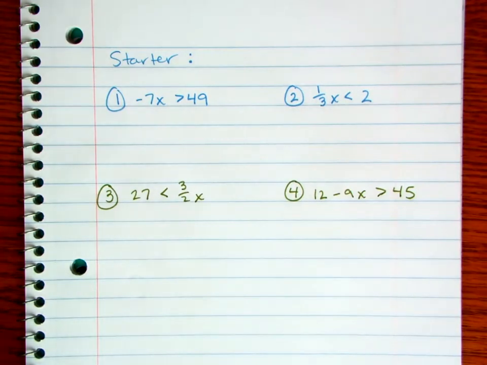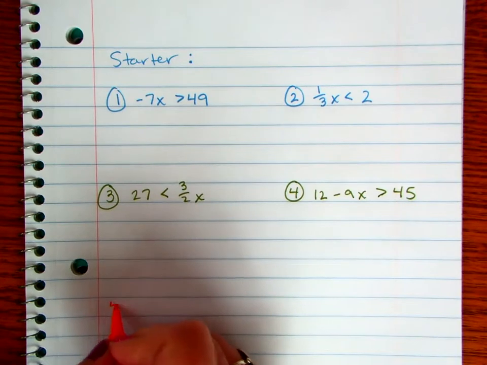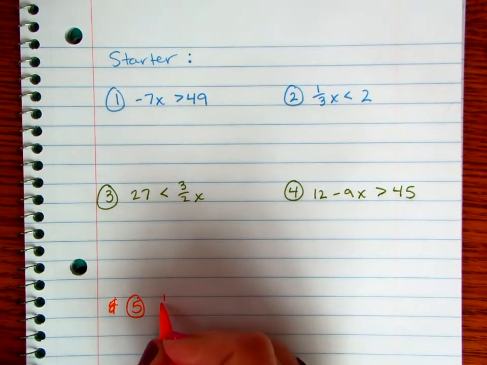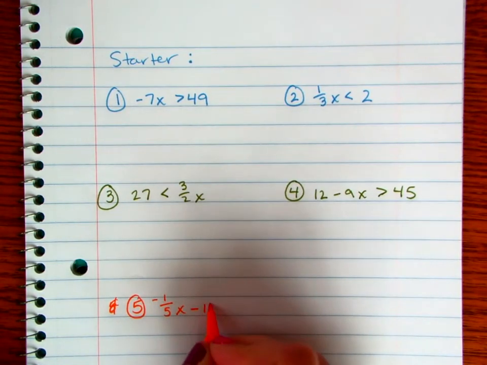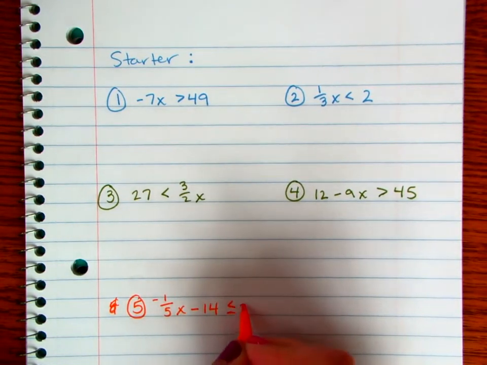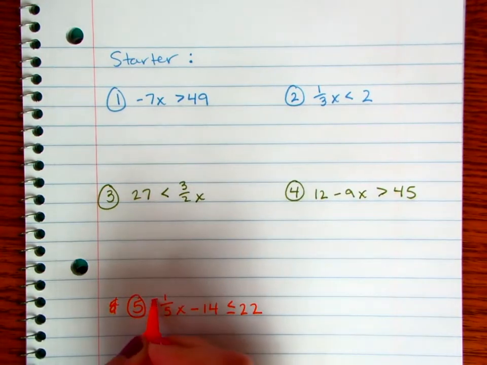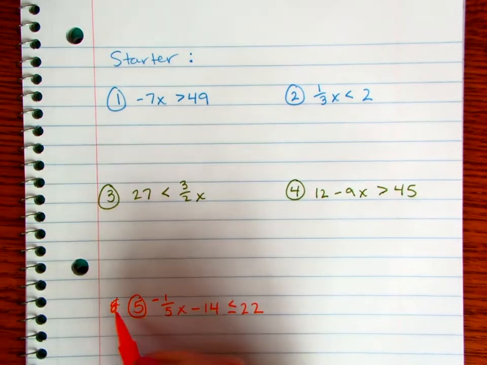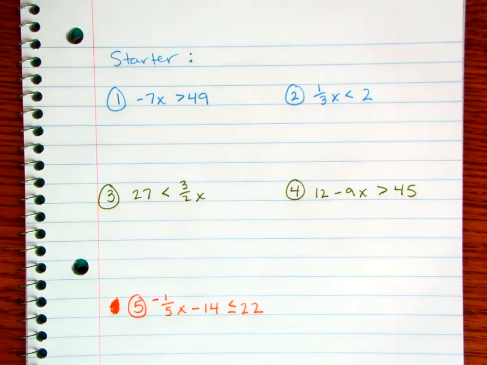And the final question, I guess that would be number 5, is negative 1/5 x minus 14 is less than or equal to 22. So if you want to try these on your own, you can stop the video now, pause it, and that way you could practice them before I go ahead and solve them.